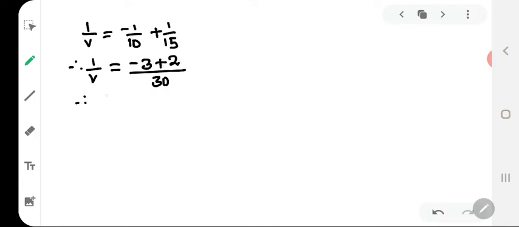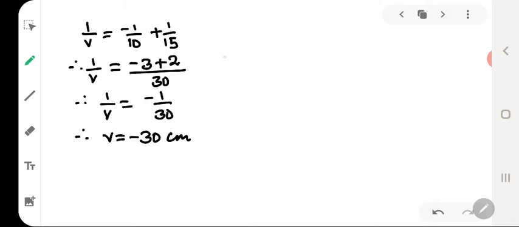So therefore 1 by v comes out to be minus 1 by 30, or we can write down v to be equal to minus 30 centimeter. So thus the position of image is 30 centimeter to the left side of mirror, or we can say 30 centimeter in front of mirror. Minus sign shows the left side of the mirror.